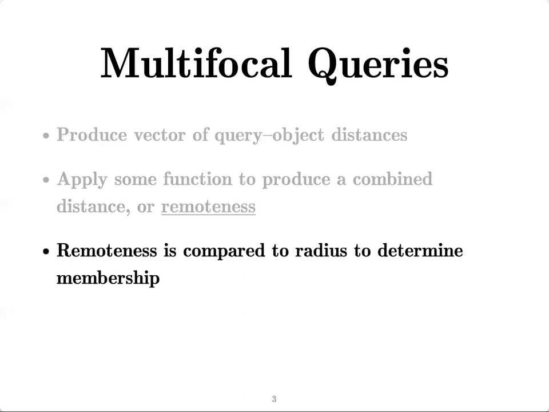So this is a generalization of balls. The most basic example would be an ellipse, where you add two distances together with a radius, but you can have polyellipses, weighted polyellipses, or many different kinds of regions.